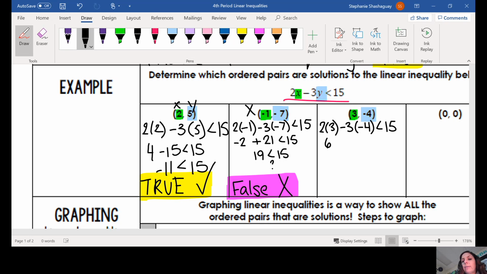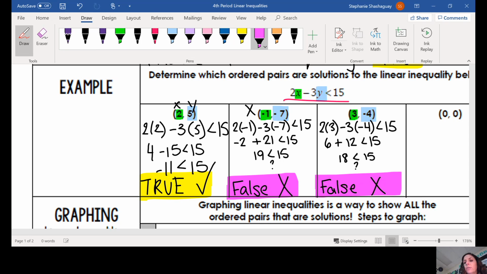Negative 3 times negative 4 is a positive 12. Is that less than 15? Well, 6 plus 12 is 18. Is that less than 15? No, it is another false statement, so it is not true. It is not a solution to the problem. Okay? Again, not true.